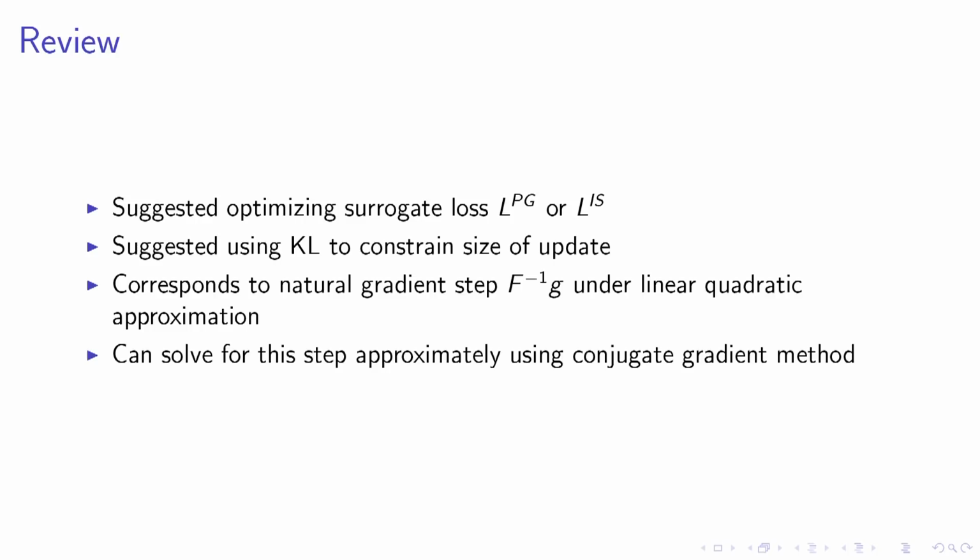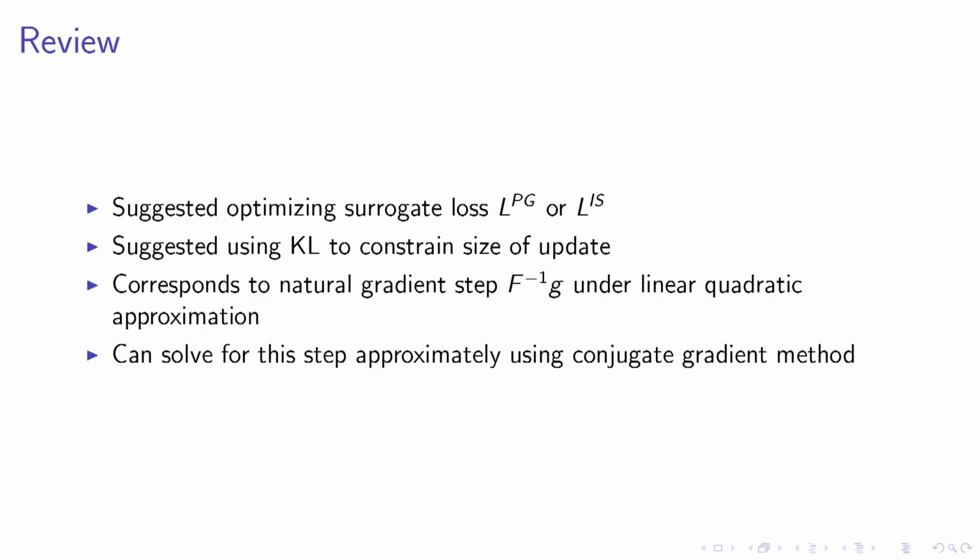So we noted that when you do a quadratic and affine approximation to this problem, the update step looks like F inverse g, where F is the Fisher information matrix and g is the policy gradient. This is the same as something that was proposed previously called the natural policy gradient.